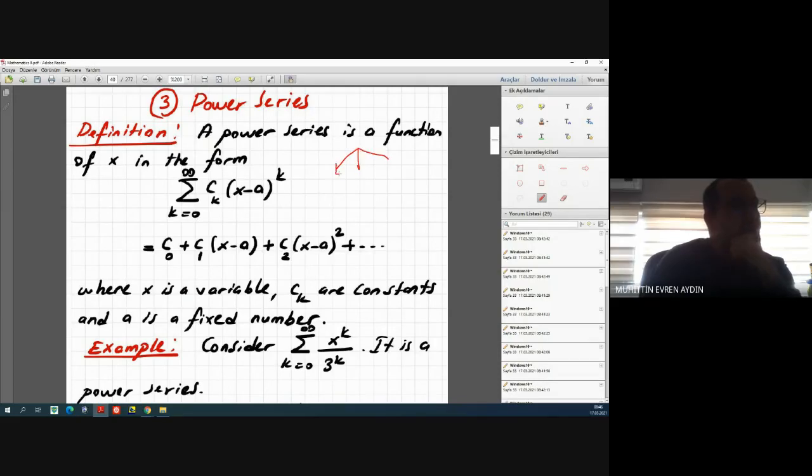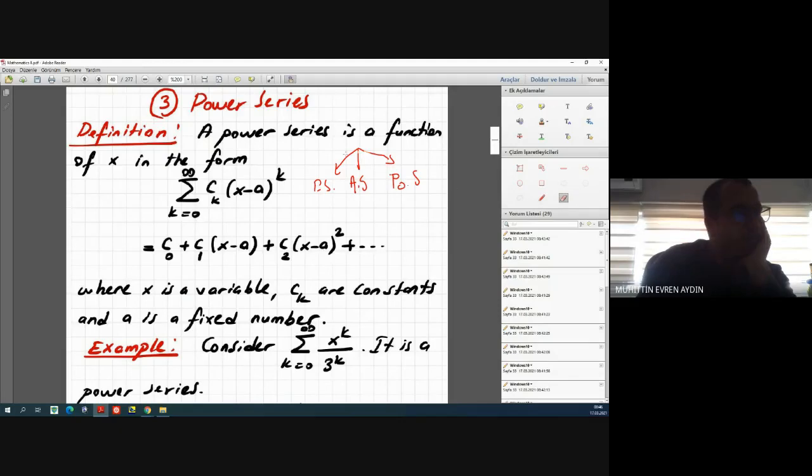The first one is the positive series. The second one, alternating series. And the third one, power series. First, let me introduce a power series.